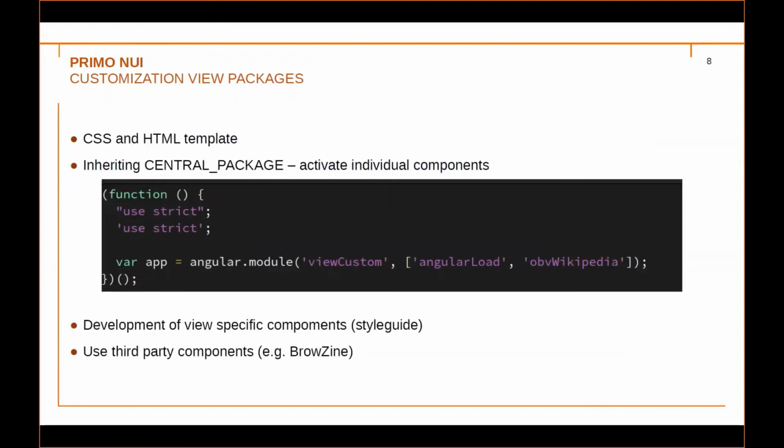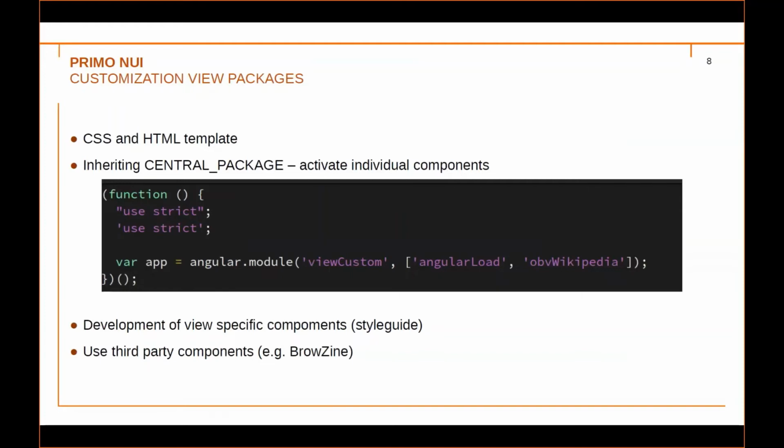For example, the Wikipedia component, which is part of our central package, our institutions only need to specify it as a dependency in their Angular application, in their custom JS, and that's it. Normally, they don't need to do anything else. And therefore, even in the view packages, there is no large risk of getting into trouble when upgrading to this new Angular version.